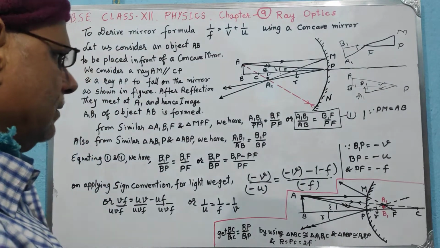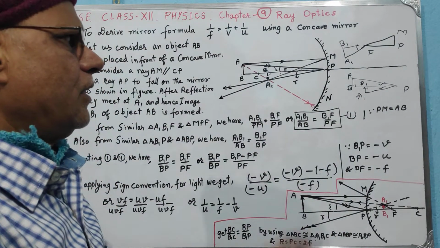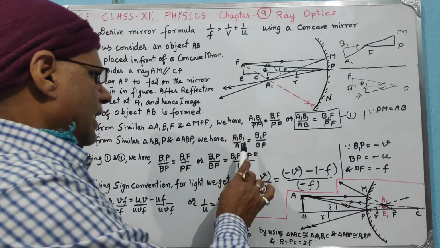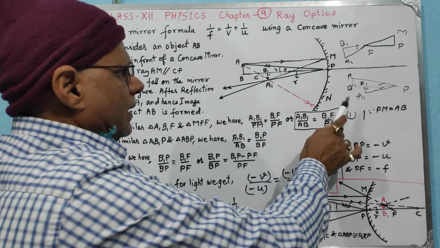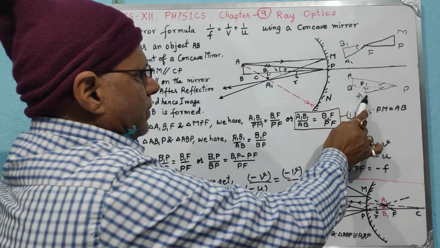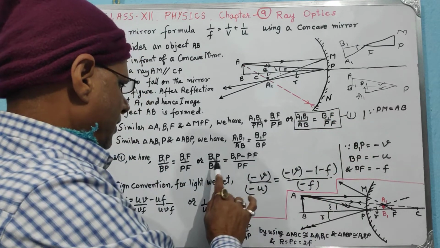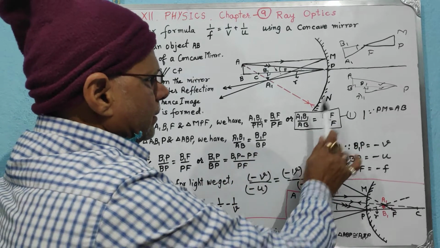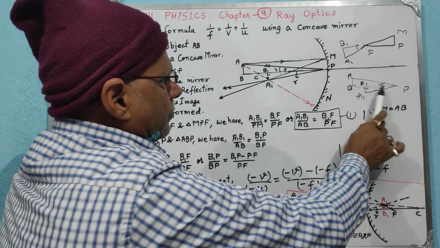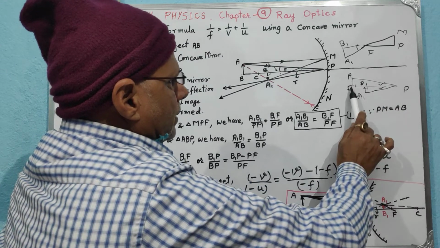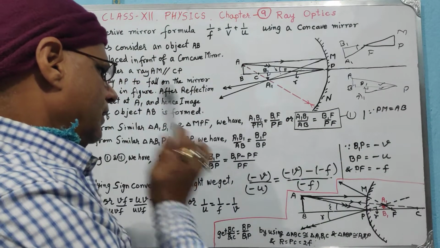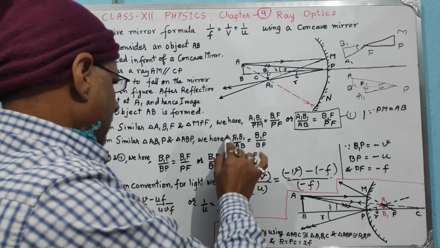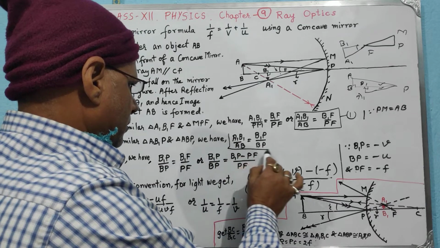And once they are similar triangles, their side ratios must be equal, and therefore now we have A1B1 by AB equal to B1P by BP. Let us call it equation number 2.